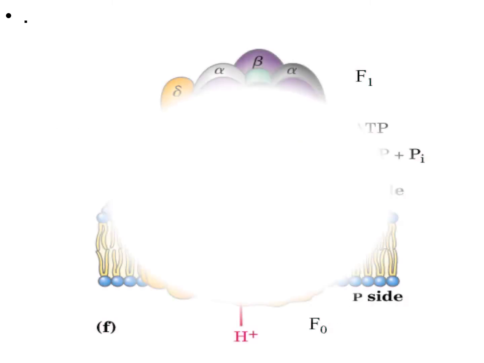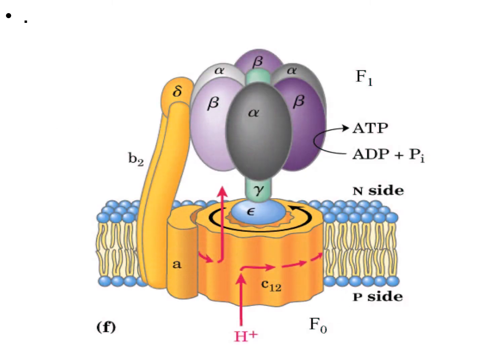This figure shows the structure of ATP synthase. As we said, ATP synthase consists of 2 subunits, F1 and F0. The F1 is concerned with ATP synthesis, and the F0 has a cylinder shape, like a disc, and the disc rotates.